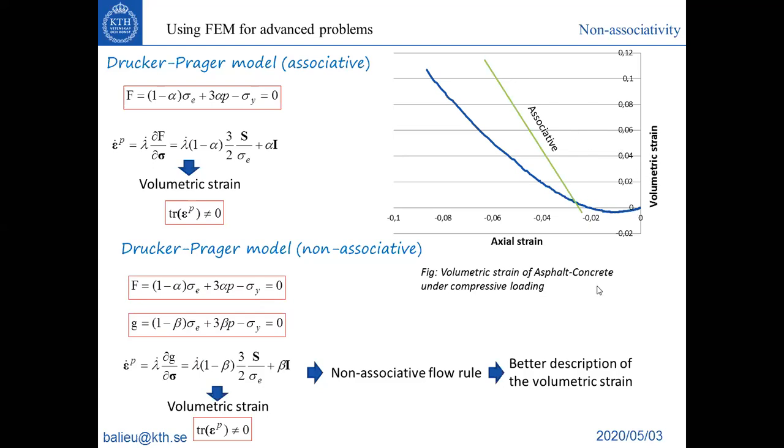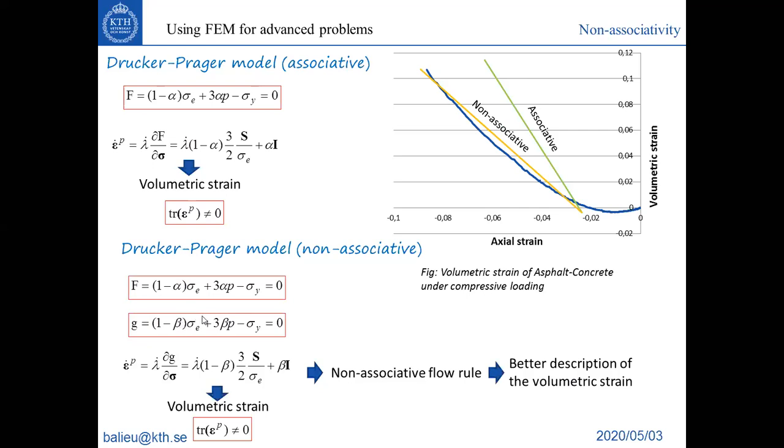You can have a volumetric strain which is not equal to 0, which is already good, but maybe you can have something even better by using other material parameters, something different from what you have used for the yield surface. So you can change the material parameters when you want to describe what happens after.